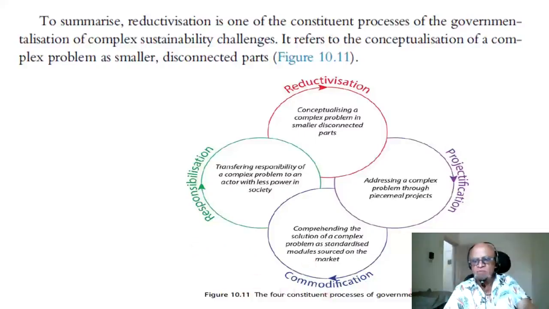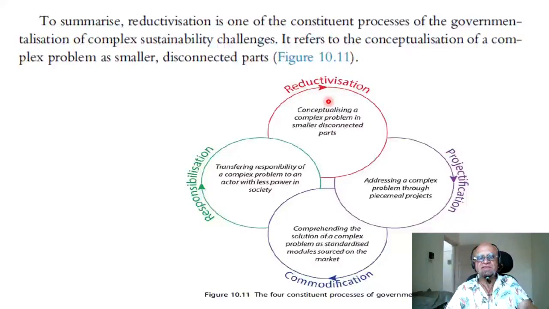The four constituent processes of governmentalization, then, are reductivization, projectification, responsibilization, and commodification, and obviously they are all related to each other. So here, conceptualizing a complex problem in smaller disconnected parts, so modularizing the problem, is reductivization.